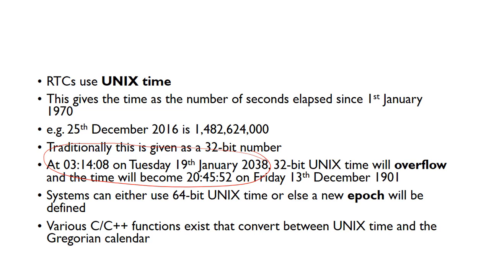There'll be 32 ones, and then it'll tick back around to 32 zeros. So at that point, instead of becoming 9 seconds here, the timer will actually jump back to this. So before that occurs, systems are going to have to either use a 64-bit Unix time, or else a new epoch will be defined, so they'll change the base date to use.